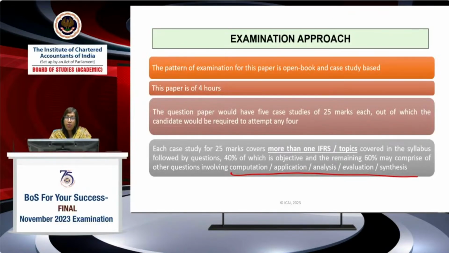Okay. However, just to maintain harmony and to avoid confusion for those appearing for both groups or those already studying core paper 1, we have tried to minimize the differences by keeping only those standards which are relevant in your core paper financial reporting vis-a-vis Ind AS. It means if you have Ind AS 1 there, then IAS 1 here.